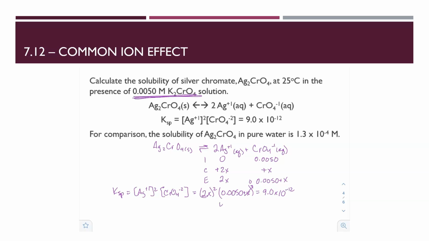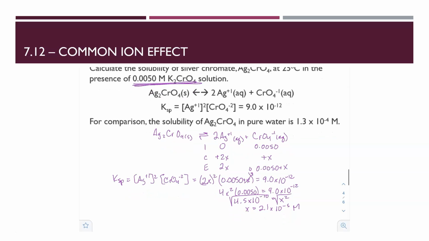So that simplifies this to 4x squared times 0.005 equals 9 times 10 to the negative 12th, which gets me 4.5 times 10 to the negative 10th equals x squared, and take the square root, and we end up with x as a value of 2.1 times 10 to the negative 5th molar.